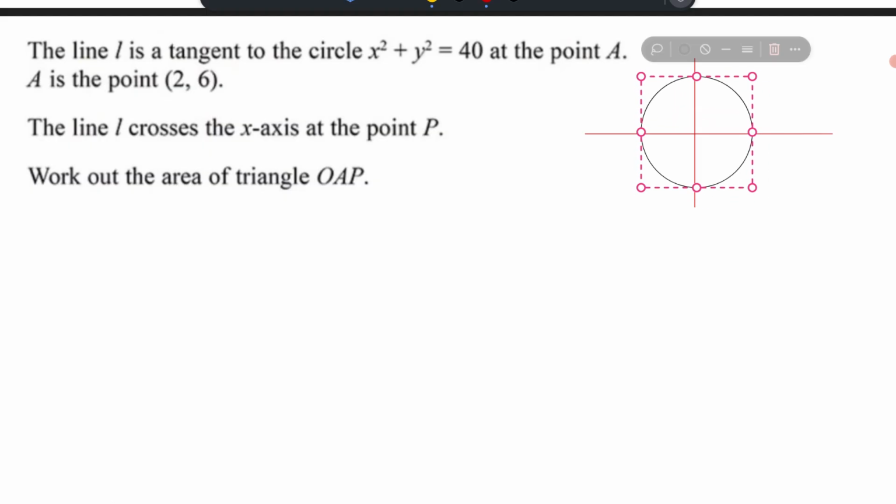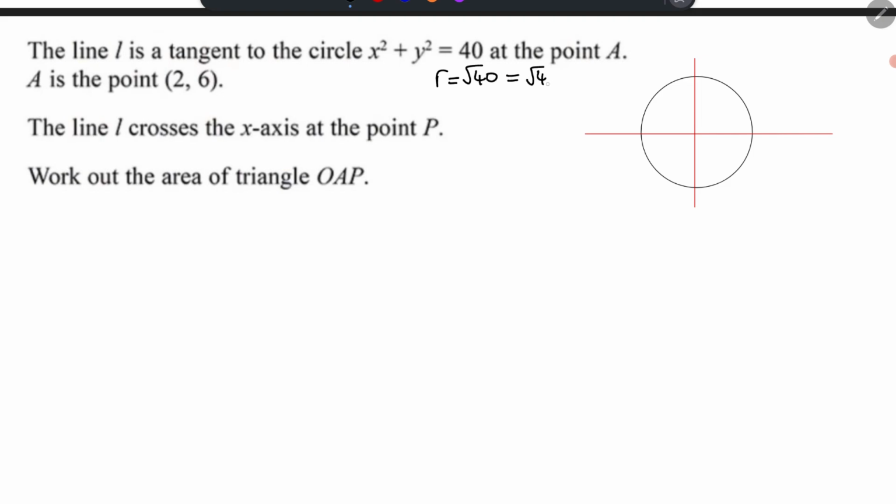And then we've been told a few things about this circle. In particular, the equation here, and the radius is root 40. So radius equals root 40, which we can simplify to root 4 root 10, which is 2 root 10. So that's the length of the radius. We may or may not need that later.